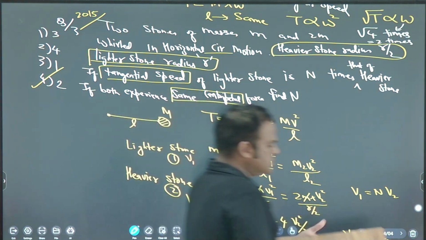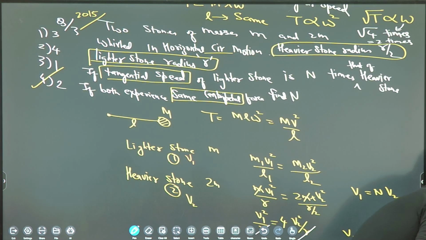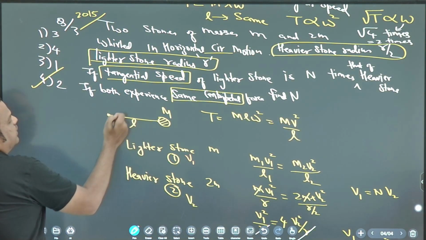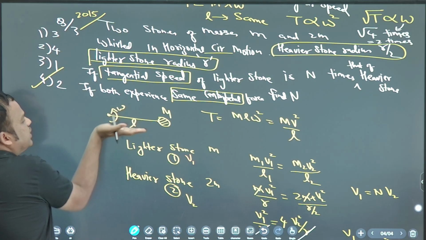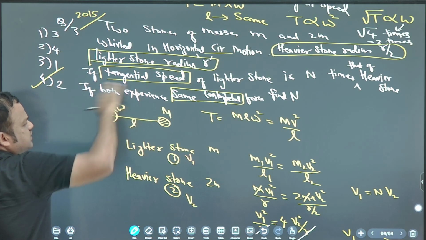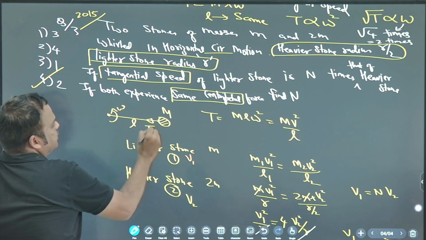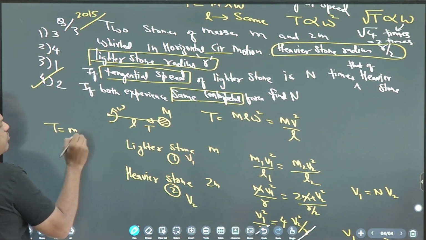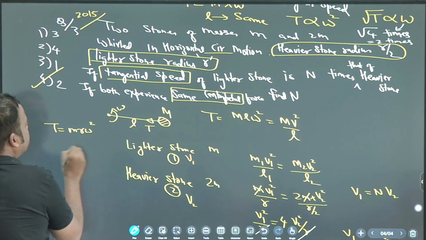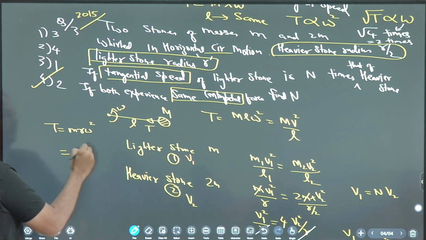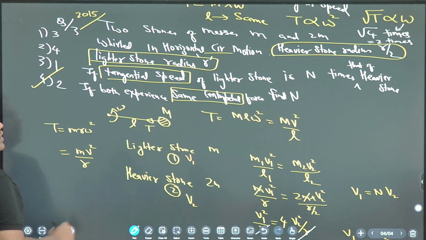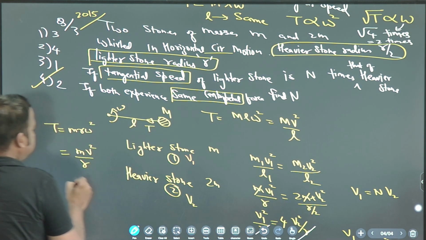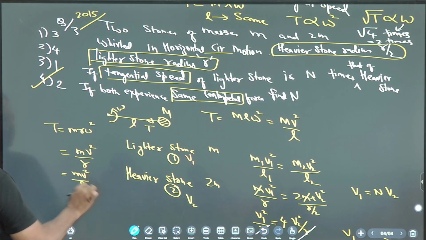So this omega, angular speed is omega. So what is the tension? Tell me, what is the tension formula? Two formulas are there. m r omega square. What is the other formula in terms of speed, linear speed? m v square by r.